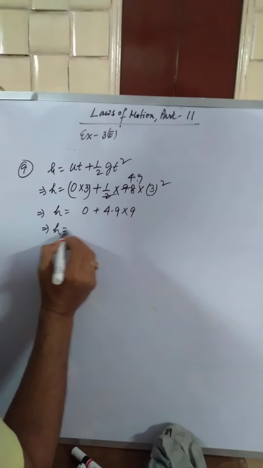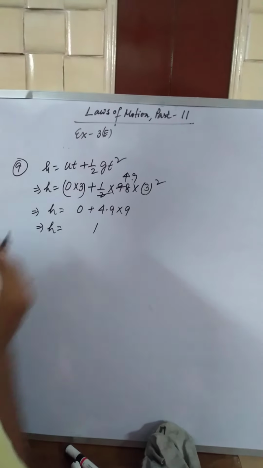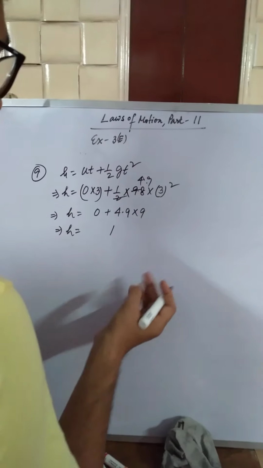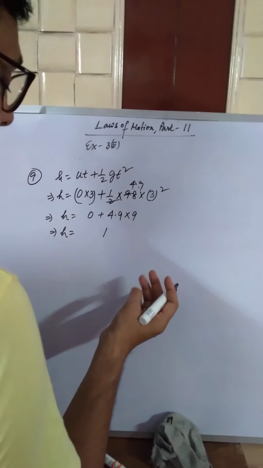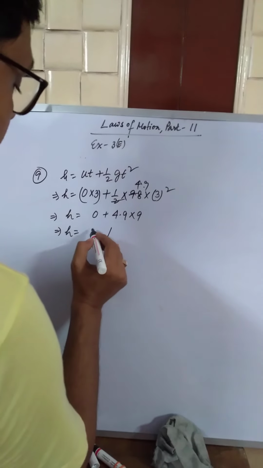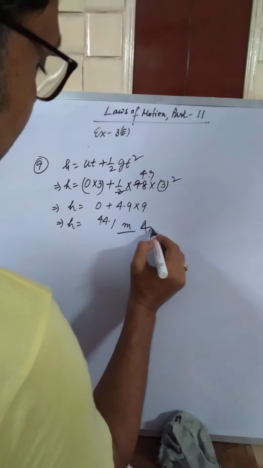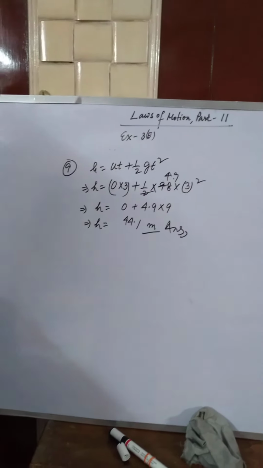So h equals 9 nines are 81, carry over 8, and 9 fours are 36, 36, 37, 38, 39, 40, 41, 42, 43, 44. So 44.1 meter is the height.